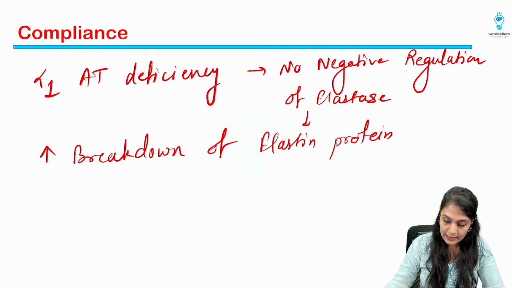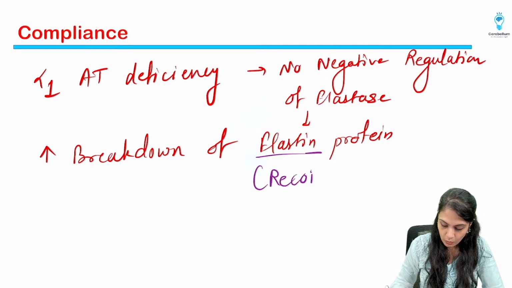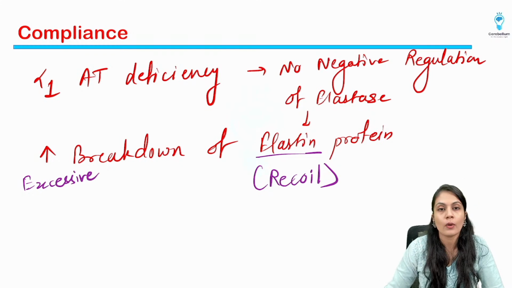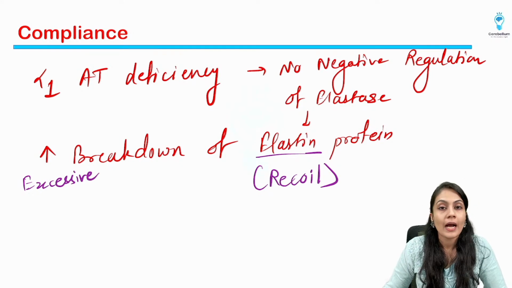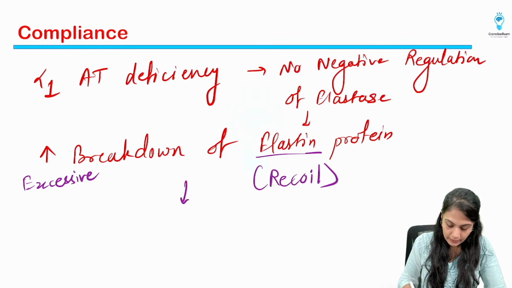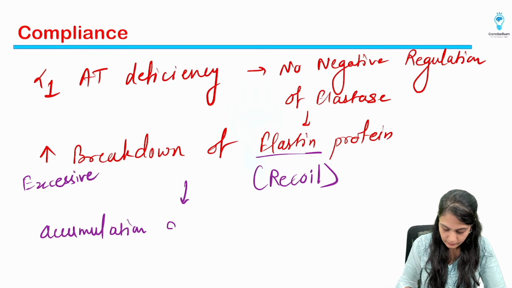If the recoil is because of the elastin protein and there is excessive breakdown of elastin happening, will the recoil take place properly? No. And if the recoil is not taking place properly, what is going to happen? There will be accumulation of air, which is also known as air trapping.